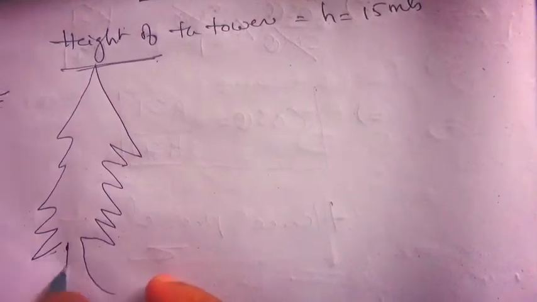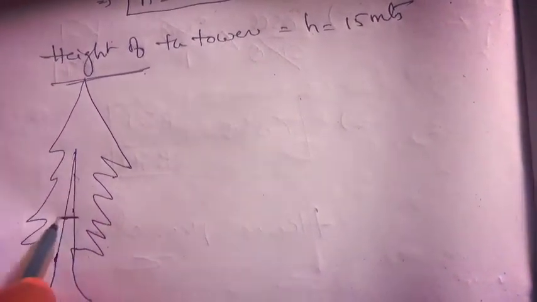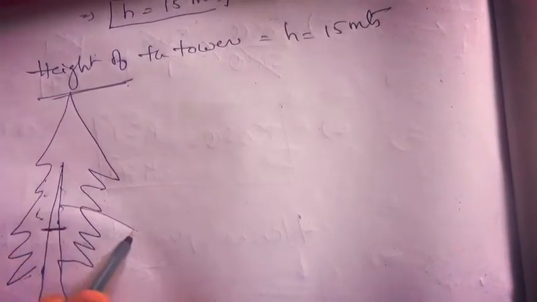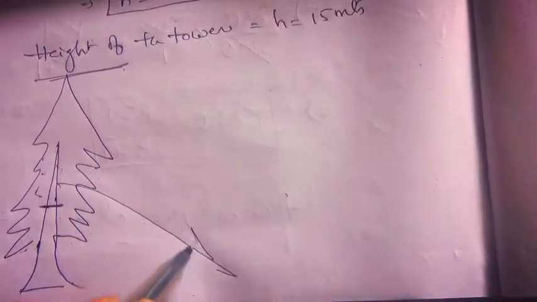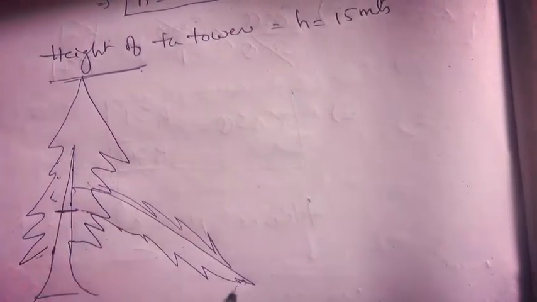For example, when the storm was strong, the tree was broken here, and this broken part fell on the ground like this.